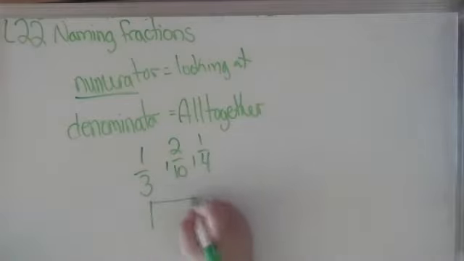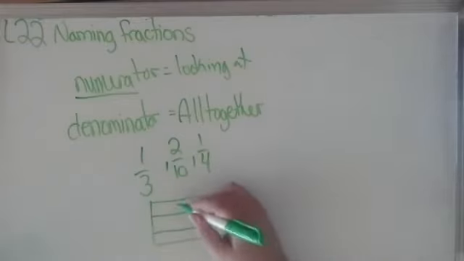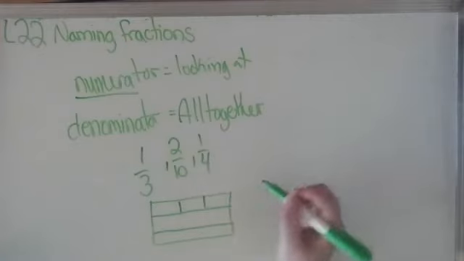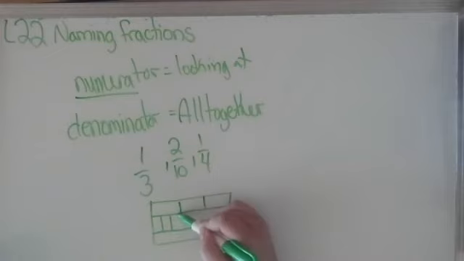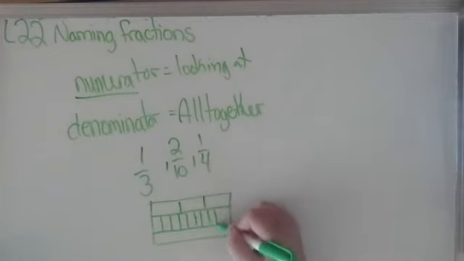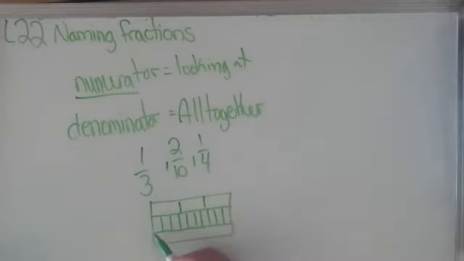One, you could draw a nice big rectangle. This has to be divided into 3 equal groups. This one has to be divided into 10 equal groups. 1, 2, 3, 4, 5, 6, 7, 8, 9, 10. And this one has to be divided into 4 equal groups, or as close as you can make them.